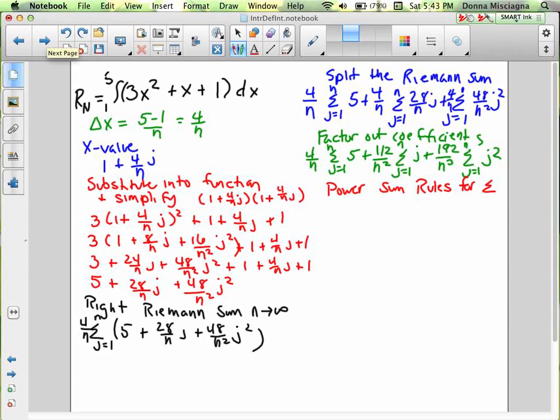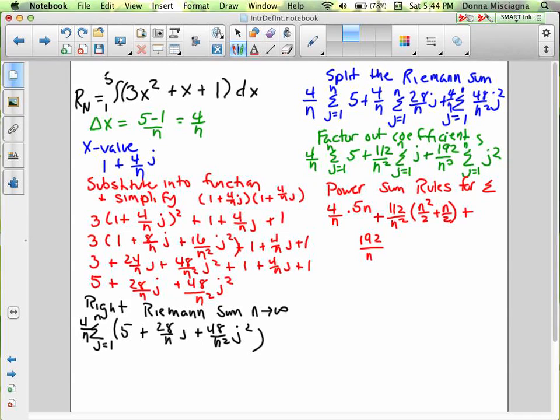So the first one will be 4 over n times 5n, and then plus 112 over n squared times the j sum, which is n squared over 2 plus n over 2, plus, I have nowhere to go, I'm going to have to discontinue the line because j squared needs a little more space than the bit I've got there.